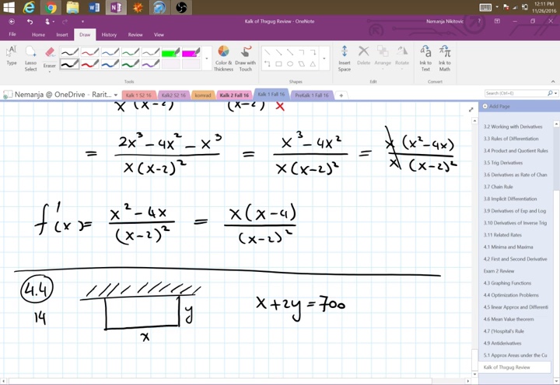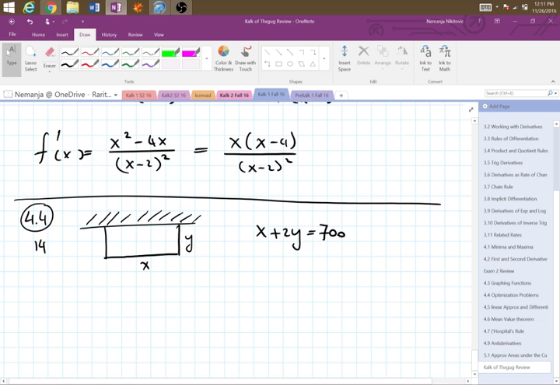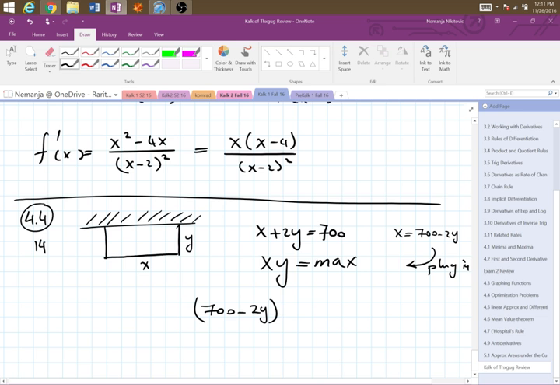Now, we want to maximize the area, whose formula is xy. We know that we are supposed to solve for one variable and plug in. So (700 minus 2y) times y is equal to a max, and then we differentiate.